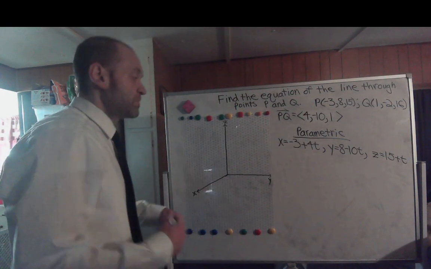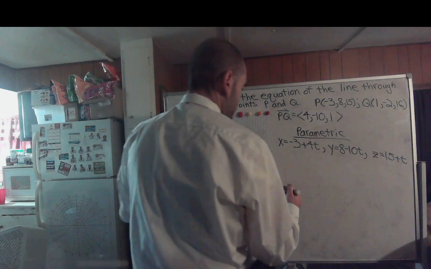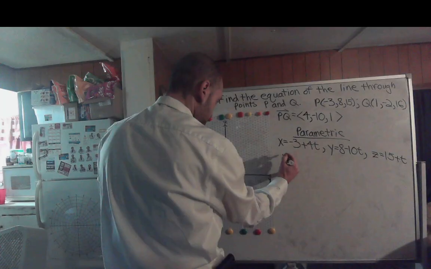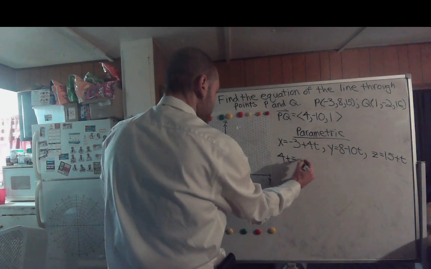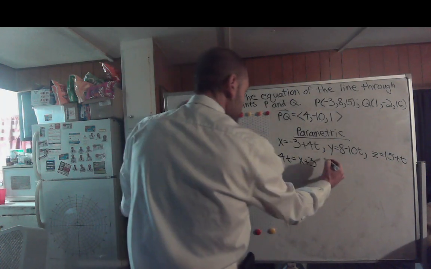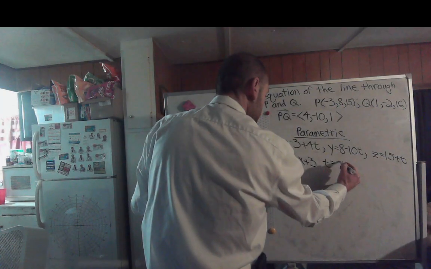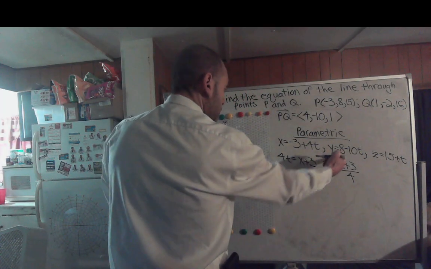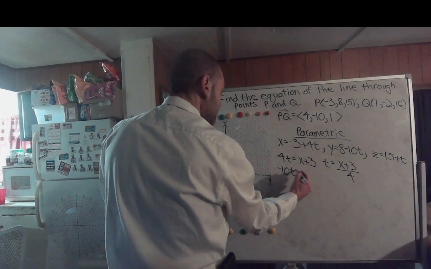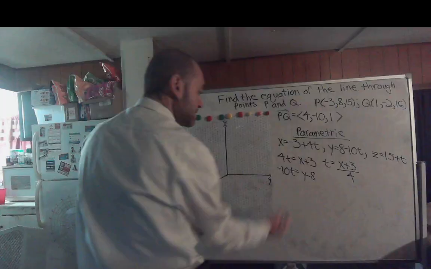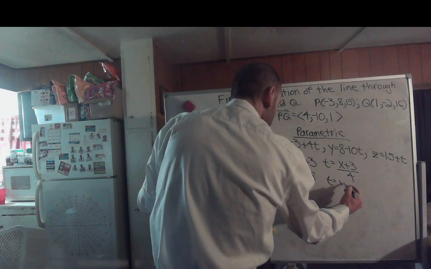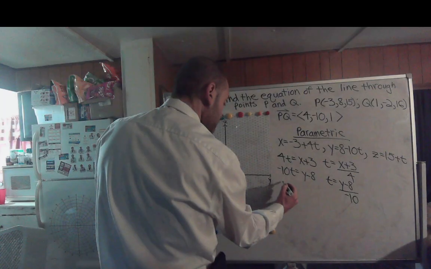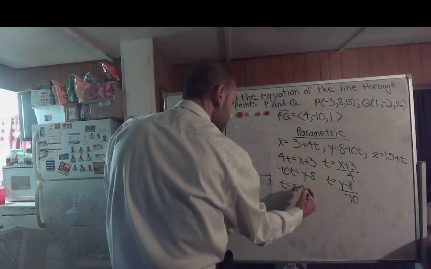Now we can find symmetric equations if we solve for t for each of these variables, for each of these equations. So you would get 4t equals x plus 3. So then t would equal x plus 3 over 4. And then we do it for y, you would get negative 10t equals y minus 8. So then t would equal y minus 8 over negative 10. Then do it for z, you would get t equals z minus 15.